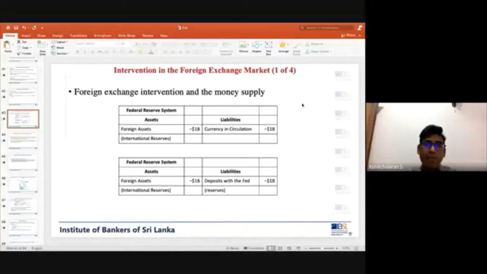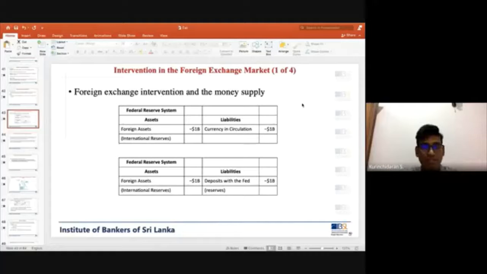If a central bank intervenes in a foreign exchange market, what will happen, right? So you have to keep in mind, this is from Mishkin's explanation. It's basically the balance sheet of the Federal Reserve, the central bank of the USA, right?